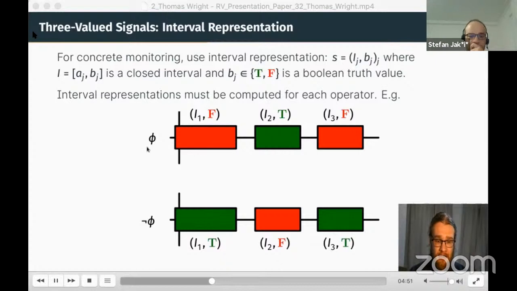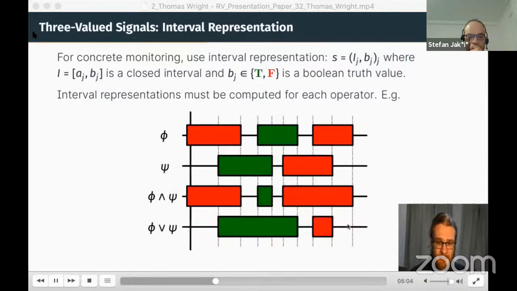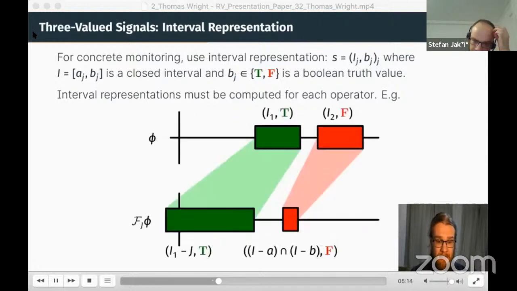Then, in order to handle complex propositions, we can manipulate these. So, for example, we can take negation by negating all of the Boolean values on each interval. For complex propositions such as and or, we can also combine signals to get a signal for them.